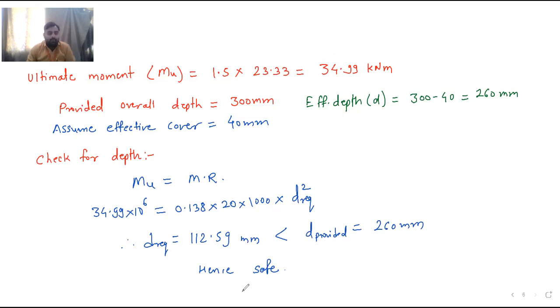Now once we have taken the check for depth, our next step is reinforcement details. Now the next step is reinforcement. Okay, so to calculate the reinforcement, you know the formula.